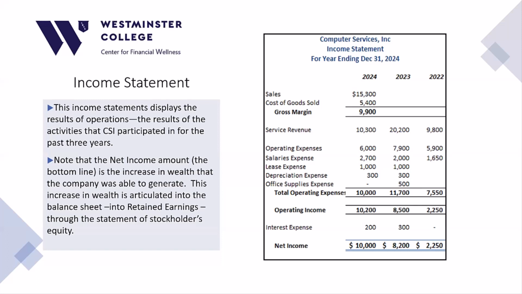At the top of this financial statement, we can see that they have sales and then cost of goods sold, and then the net of those two is the gross income. So that tells us that this is a product-based company, at least in 2024. It looks like in prior years, they only did services because there's some services revenue down here, and they've continued that in 2024.